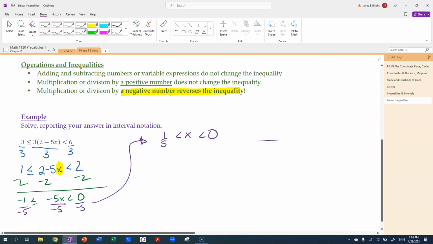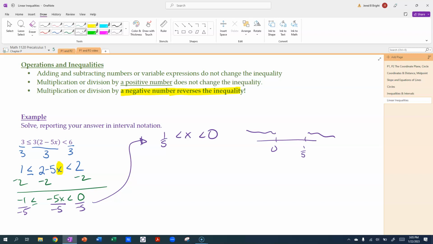On a number line, I have 0 and I have 1/5. This is saying that x is less than 0, but simultaneously it has to be bigger than 1/5. That can't happen. If you visualize the interval, it has to make sense because right at the beginning, x was sandwiched between these things. At the end, it has to be sandwiched as well. It can't spontaneously go to something else.